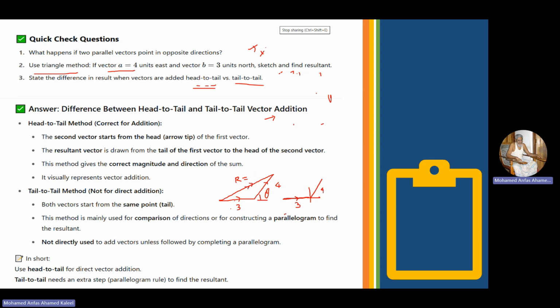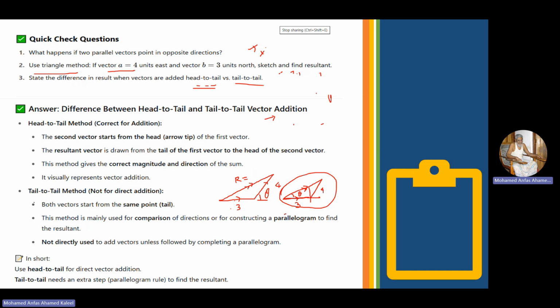By scale you draw these lines, then measure the closing line: that is the magnitude of the resultant force, and the theta you can measure by scale. Otherwise, by using formulas, you can derive the resultant force and direction.